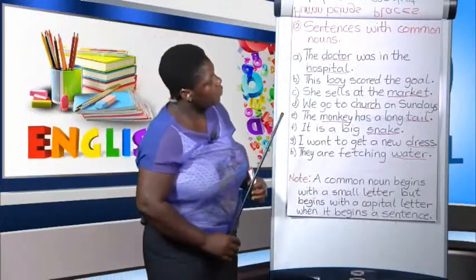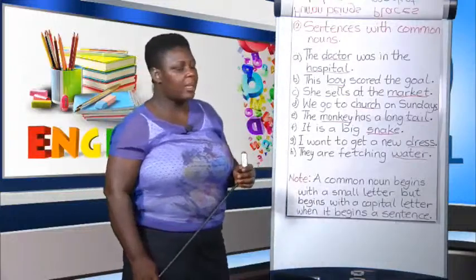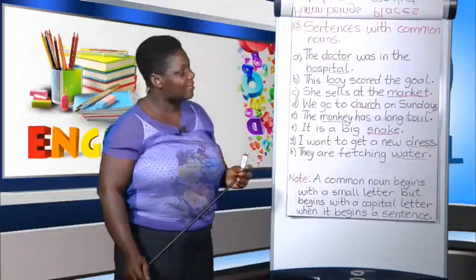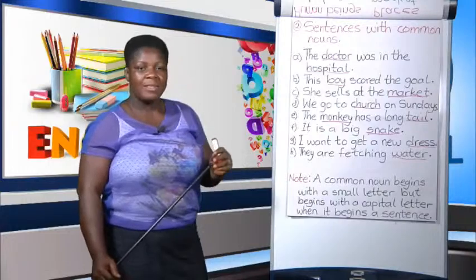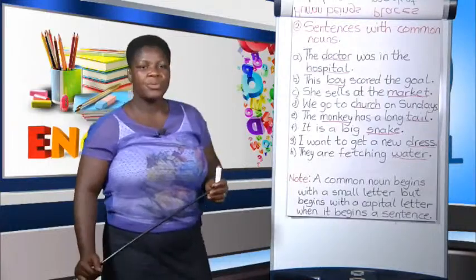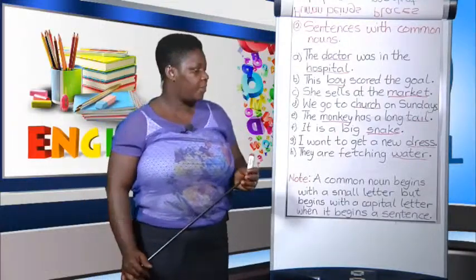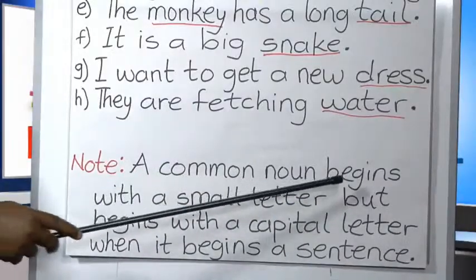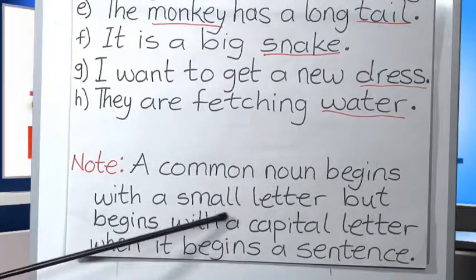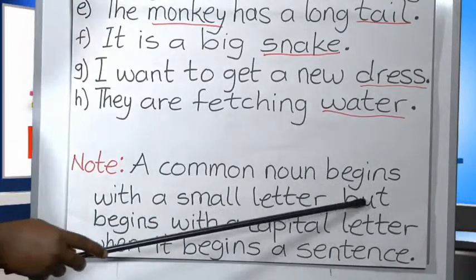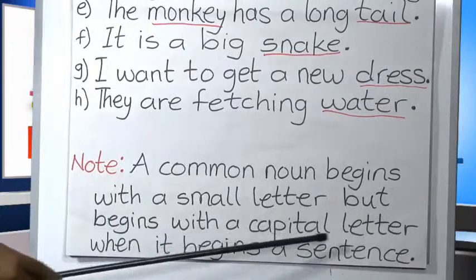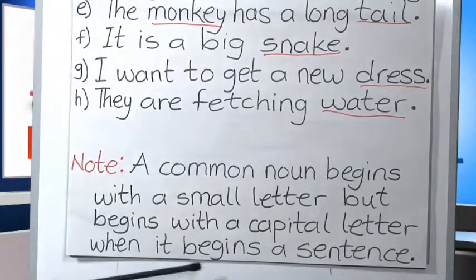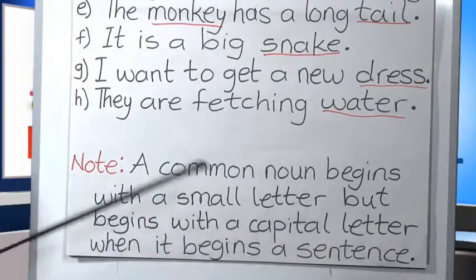Now that we've been able to underline the common nouns in these sentences, there's one thing I would like you to take note of. A common noun begins with a small letter, but begins with a capital letter when it begins a sentence.